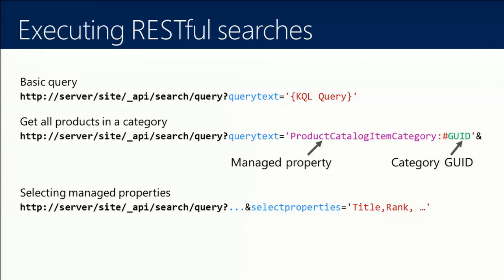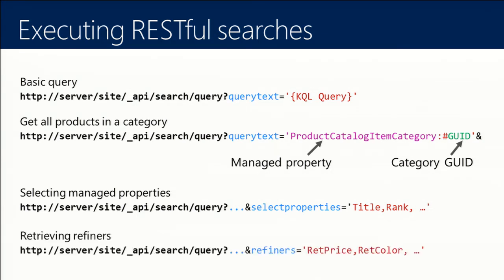Then, in addition, you also want to define which selected properties you want to have returned from search. Because by default, you get a set, but you might not have included the properties you want to display on your screen. For example, by default, you might not get the price. And then you have to define here, I also want to get back the price from search. And the last one, we also want to have the refiners back.